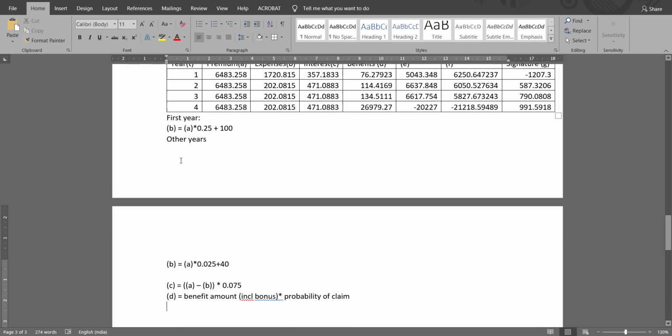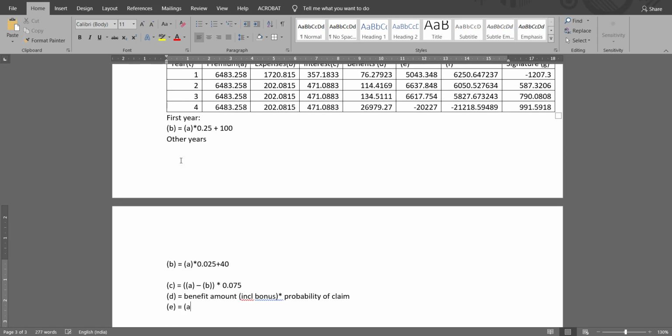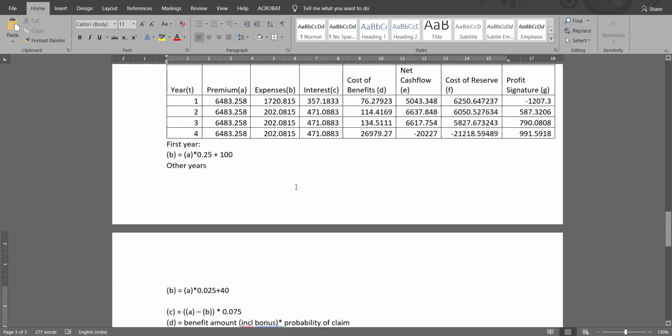Net cash flow is E. This is irritating that it becomes this euro sign. See if you can disable this. Google for how to disable this. I'm not doing it right now, but you can actually disable this C and E turning into weird stuff.